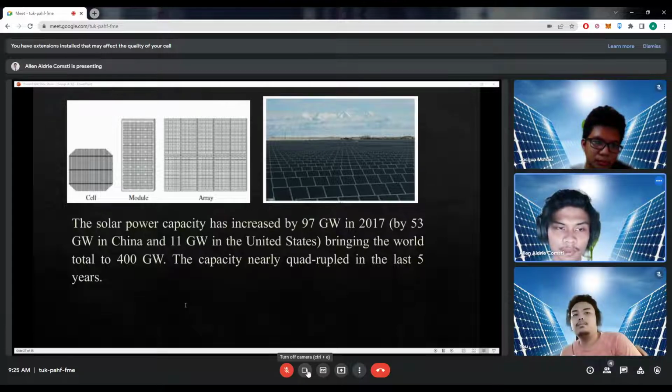Fourth, public interest and awareness in renewable and particularly solar energy is growing. Fifth, conversion efficiencies are getting higher due to extensive research and development. And lastly, there are growth and improvements in complementary technologies to solar power such as storage and smart grid.